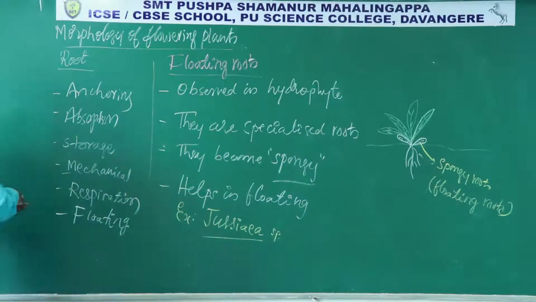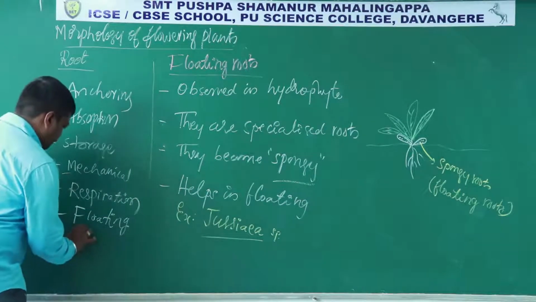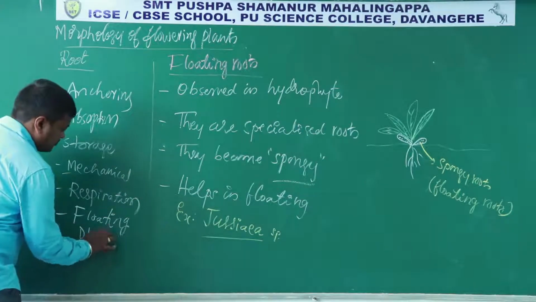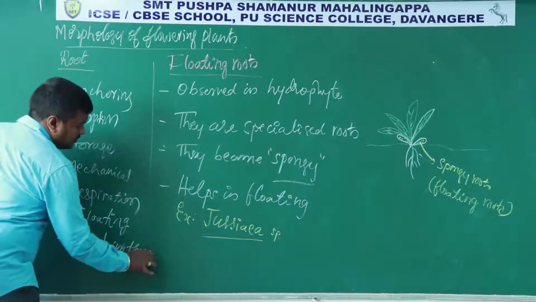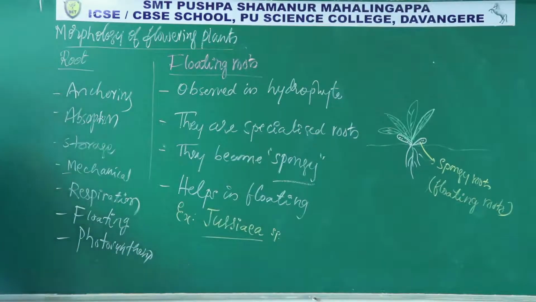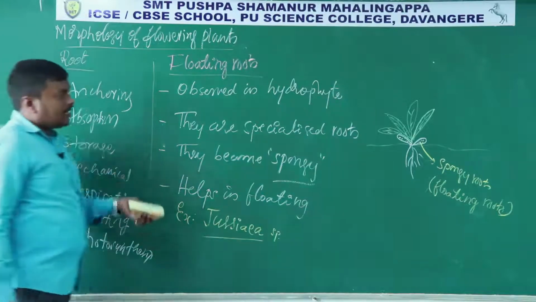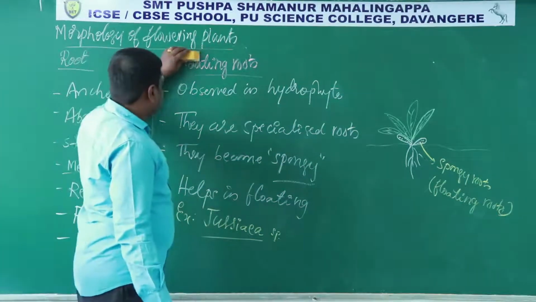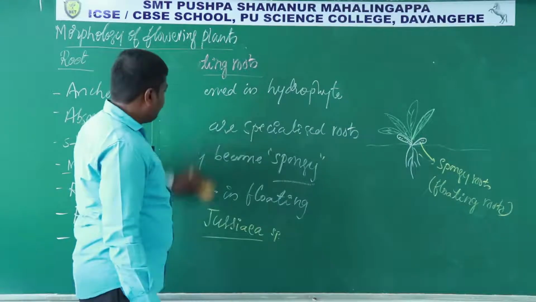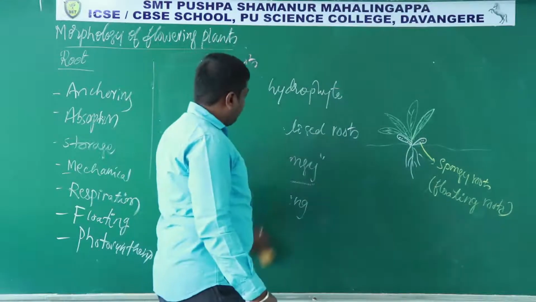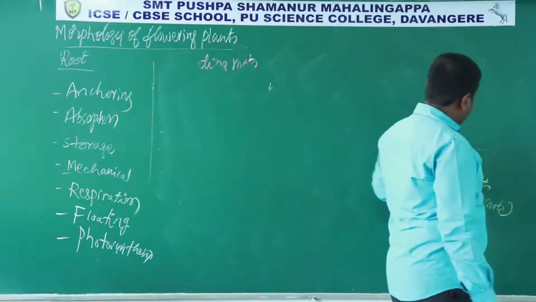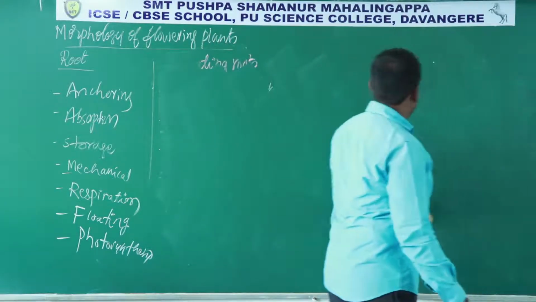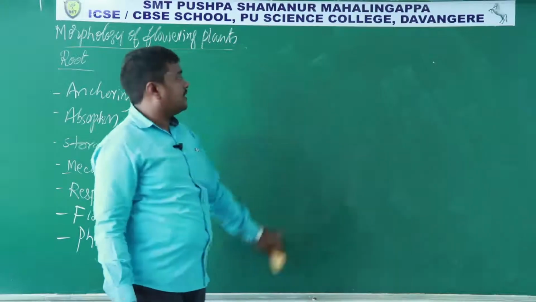Okay, so next function, some roots perform photosynthesis. Of course, the main organ for photosynthesis is leaf, but in some plants, very few plants, root performs photosynthesis. Usually in case of root, the chlorophyll is absent, they are non-green in color.